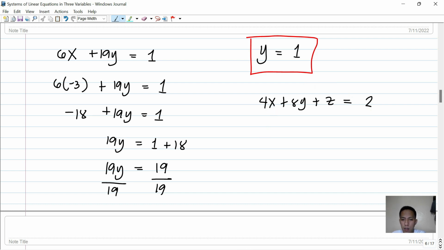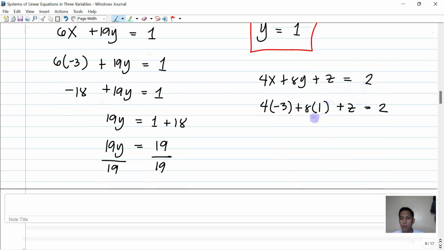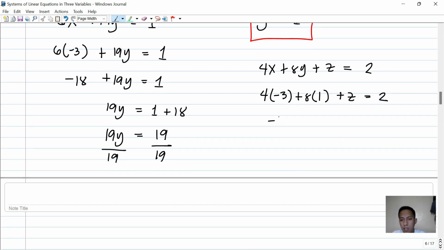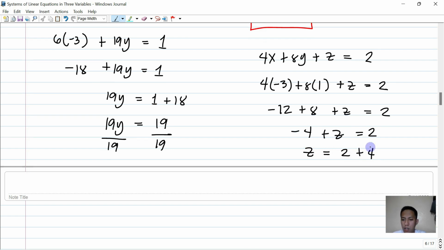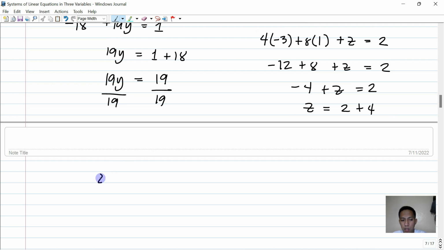So substitute lang natin. 4 times x is negative 3 plus 8 times y is 1, plus z equals 2. So 4 times negative 3, that is negative 12 plus 8 plus z equals 2. So negative 12 plus 8 is negative 4, and plus z equals 2. Therefore, z is equal to 2 plus 4. Transpose lang natin si negative 4. So therefore, z is equal to 6.